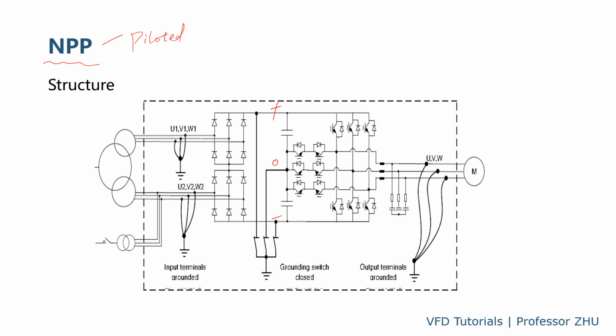For each phase, if this one is on, you have the positive. This one off, this one on, you have a negative. And when these two are off and these two are on, then you have a neutral, either going this way or this way. So also 3 levels for each phase and 5 levels for line to line.